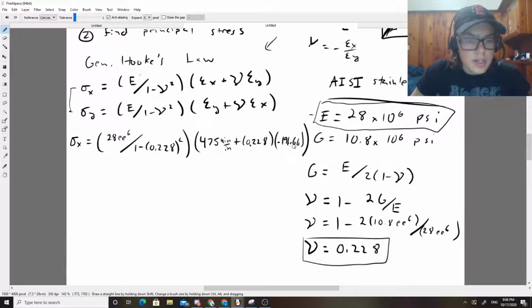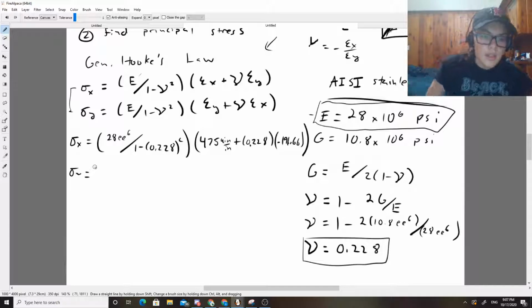And we can go ahead and solve for that. Your stress at x is going to be equal to 28 E6. Well, actually, I'll start at the bottom. 0.228 squared.